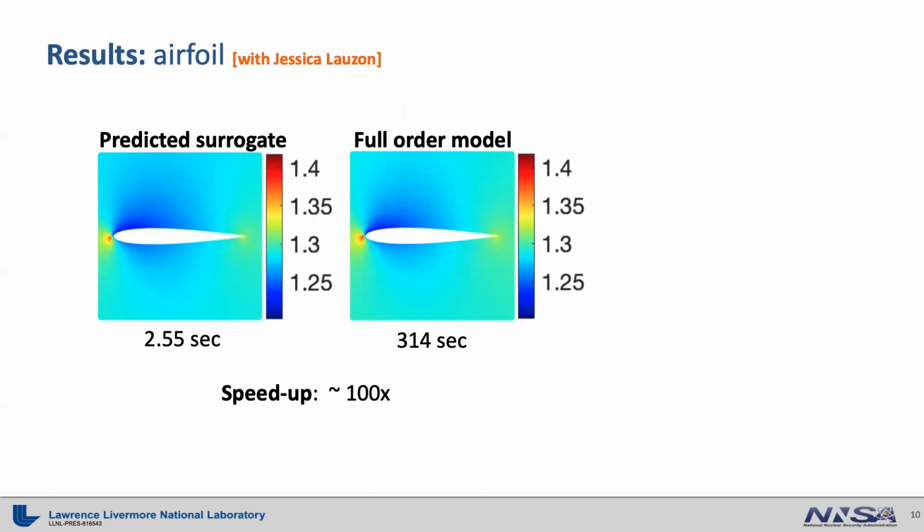We have applied this black box approach to flow around airfoil simulations. Here we change the Mach number to compress data using singular value decomposition and train the linear multi-step neural network.